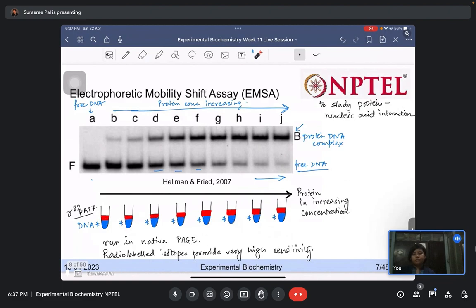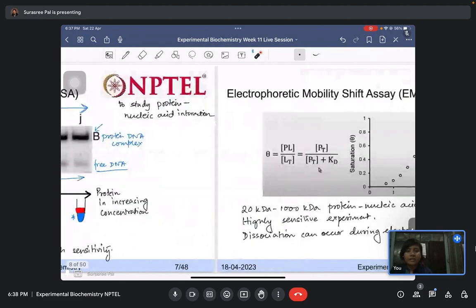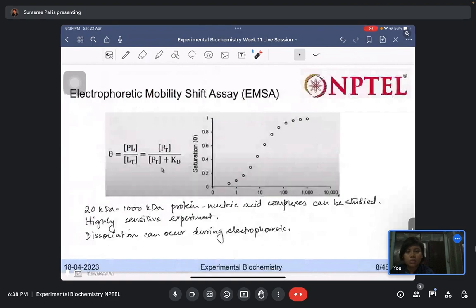So how do we determine the dissociation constant? Here also we will get a similar kind of graph when we plot the saturation, and this is the same equation that we will use, and from that we can get the value of the dissociation constant by plotting the same kind of equation.